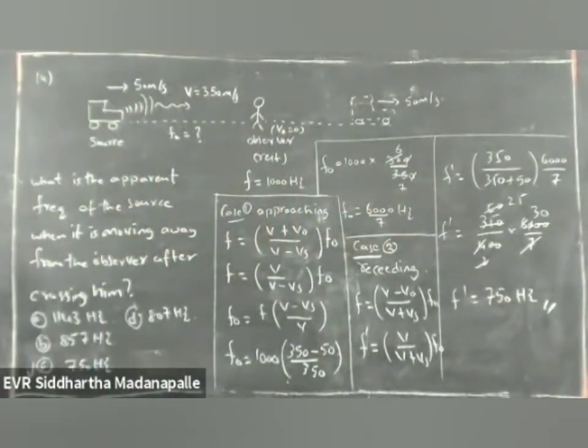So when the car is moving away from the observer, the frequency received by the observer is 750 Hz.